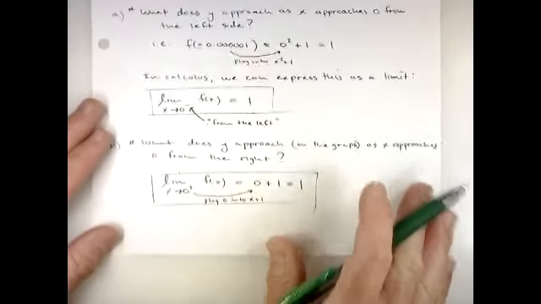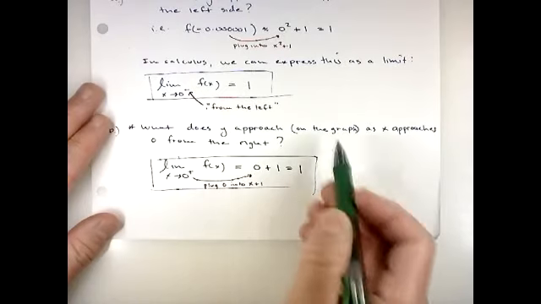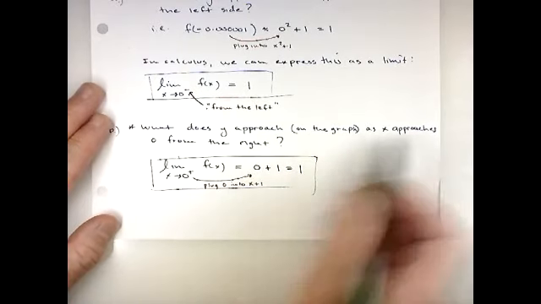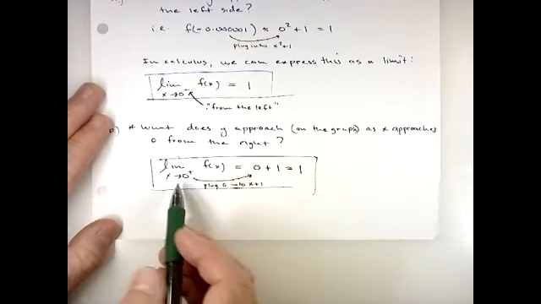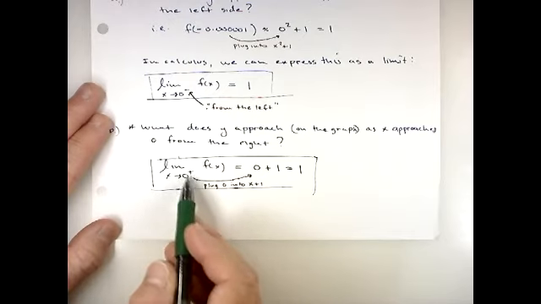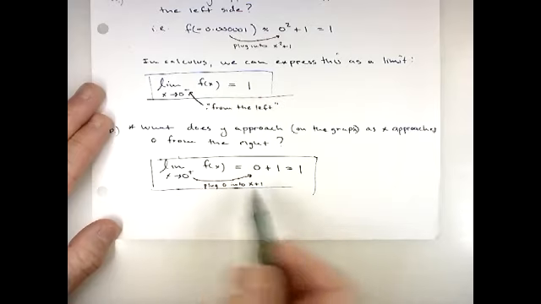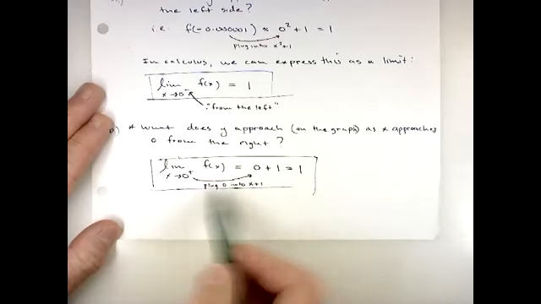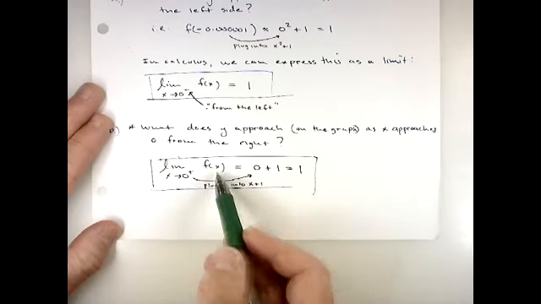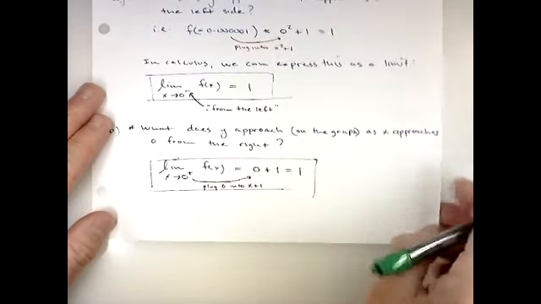What does y approach on the graph as x approaches 0 from the right? That would be denoted as the limit as x approaches 0 from the positive side. Usually when we come from the positive side, we're coming from the right side of the function. Let me go back to my graph for a second.